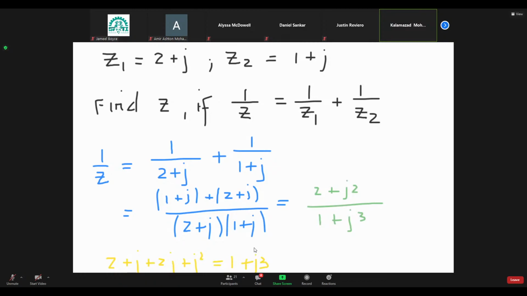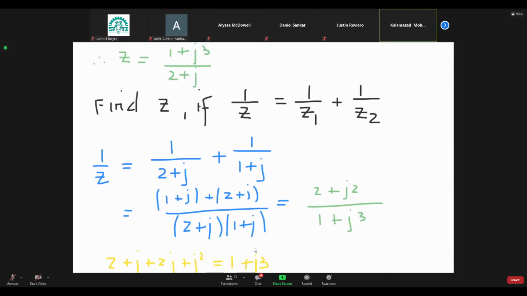But what did they ask us to find? They ask us to find Z. What we found is 1 over Z. So therefore, we take the reciprocal. So Z would be equal to 1 plus j3 over 2 plus j2.